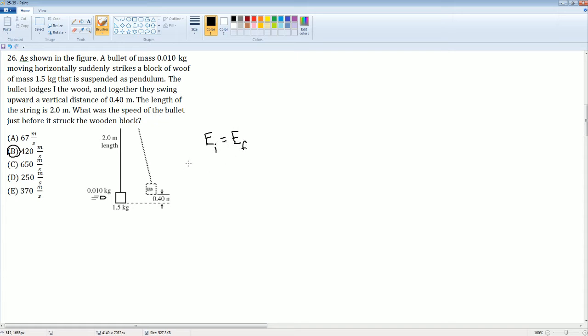Originally, when the block hits it, it is 1/2, this is the bullet mass plus the block mass, and it's going to have a velocity squared. This is going to be equal to, there is no more 1/2.